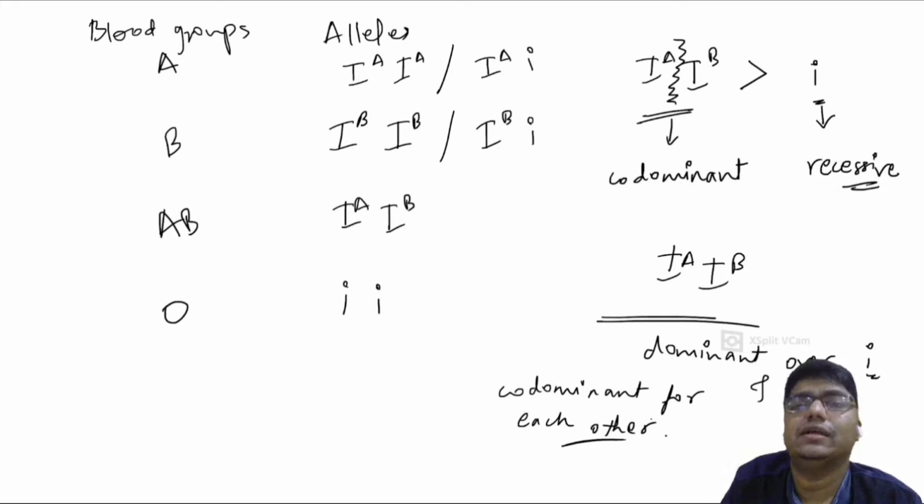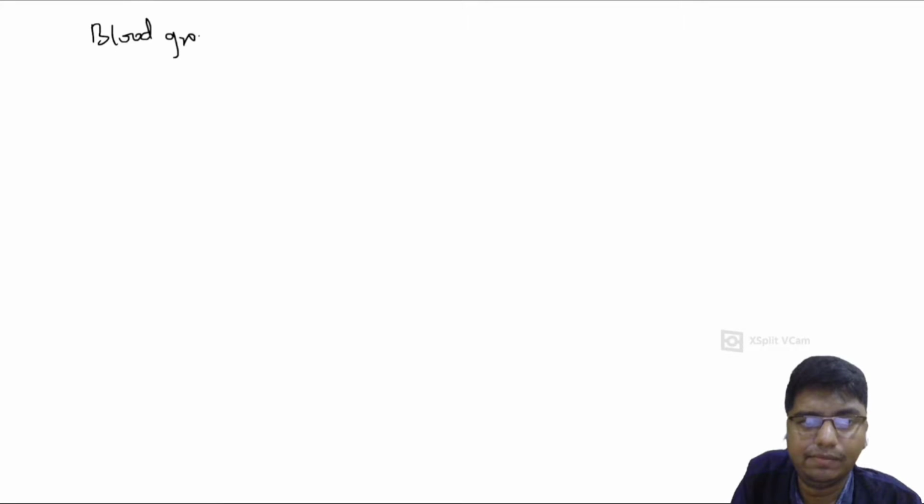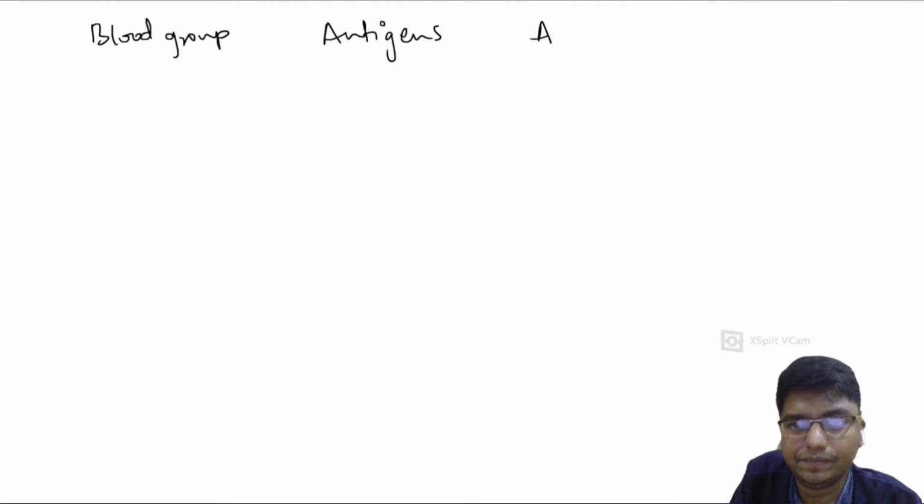So these are the alleles and these are the respective blood groups. What is blood group? When we say a person has blood group A or blood group B, it is because of the presence of antigens in the RBCs, red blood cells. For blood group A, I will write antigens and antibodies.